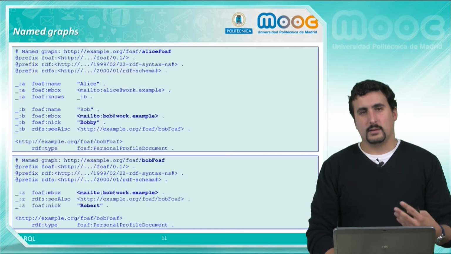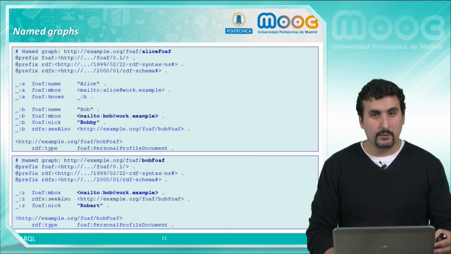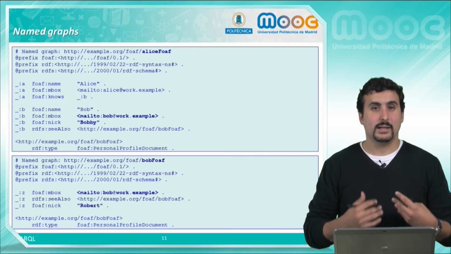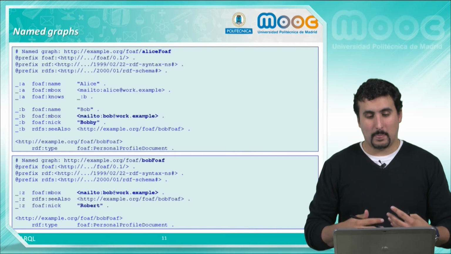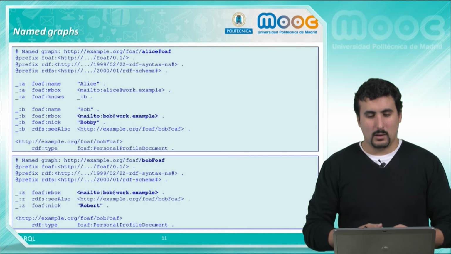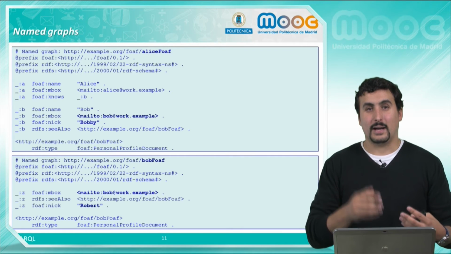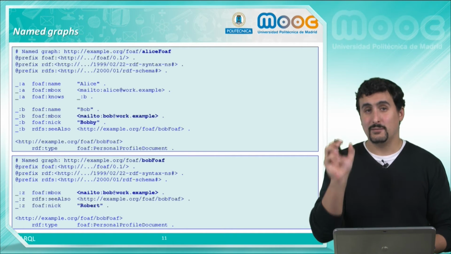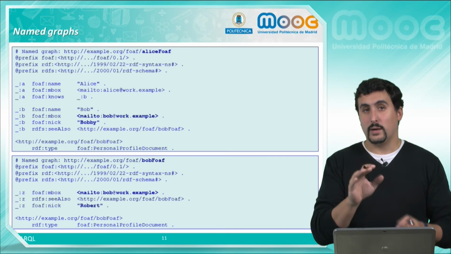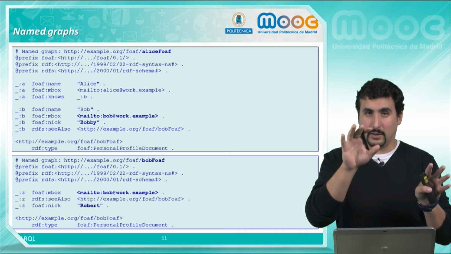We can also work in SPARQL with named graphs. If we recall the video on RDF, we said that an RDF dataset can be composed of many RDF graphs, each of them containing different triples. So we can introduce in an RDF dataset a named graph, which is a graph with a specific ID that we can use to query or to manage the information that is contained only in this graph without affecting the others.